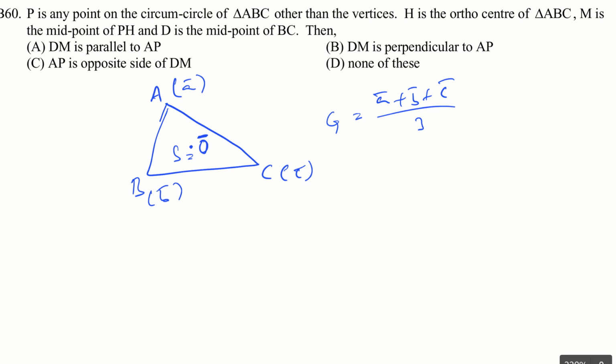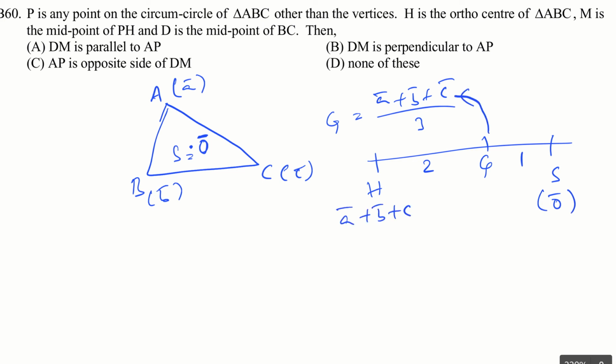And then we know that the line segment joining the orthocenter and the circumcenter is divided by the centroid in the ratio 2:1. So obviously under this ratio you will get this is 0 bar and this position vector, so H is nothing but A bar plus B bar plus C bar.